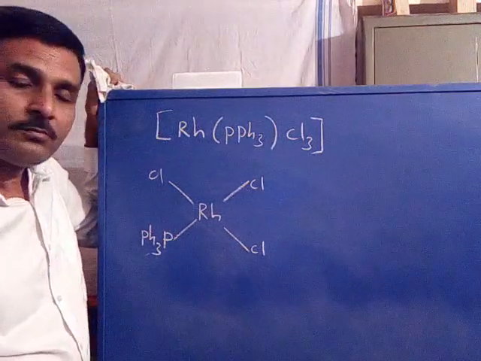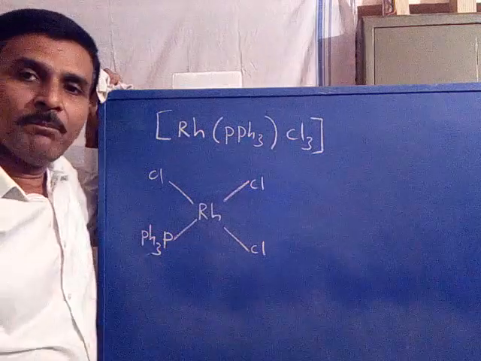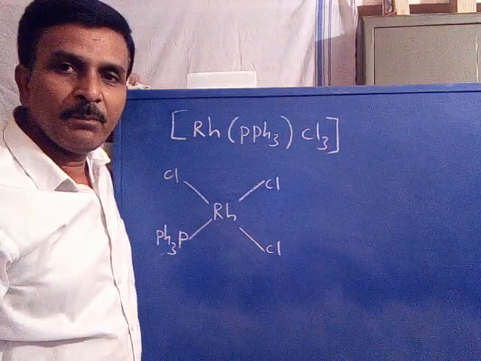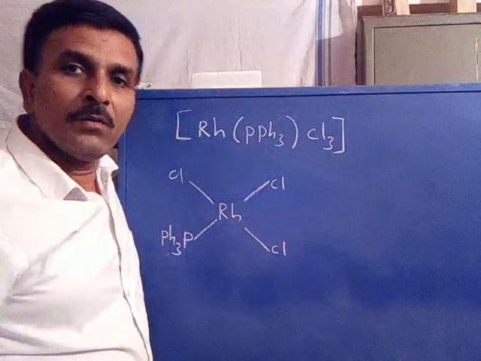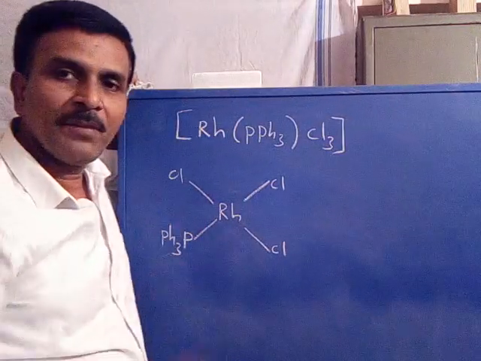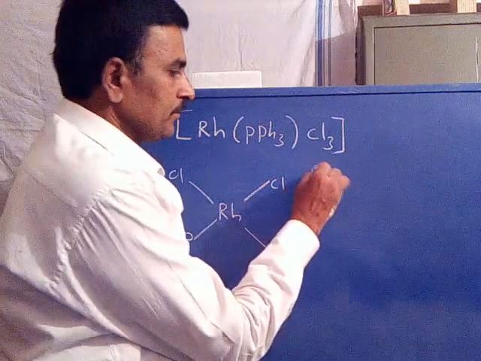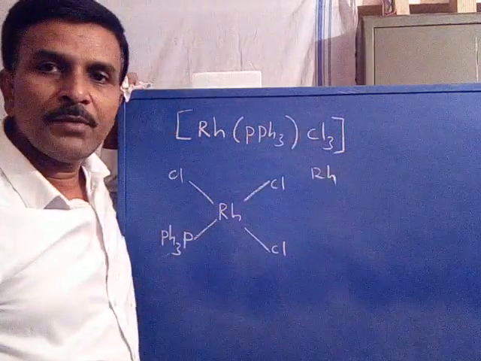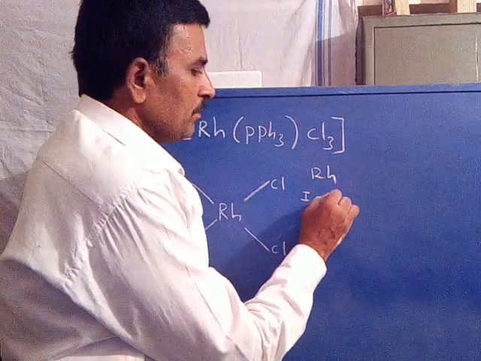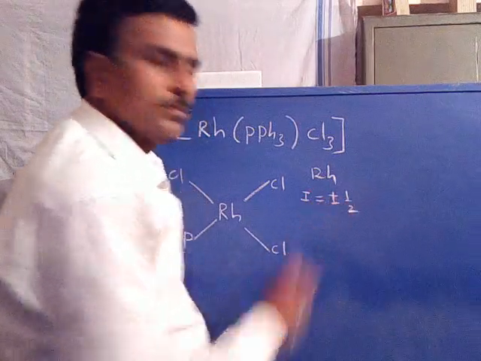Now in this complex, how many phosphorus atoms are there? Only one phosphorus, so one signal is expected. Now in this complex, the rhodium nucleus is spin active with I equal to plus or minus 1/2.